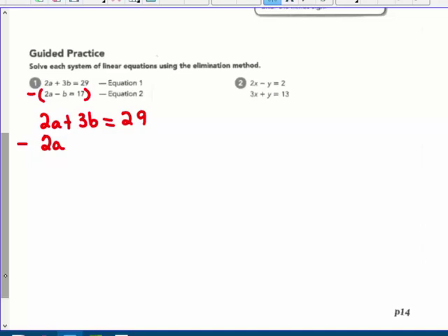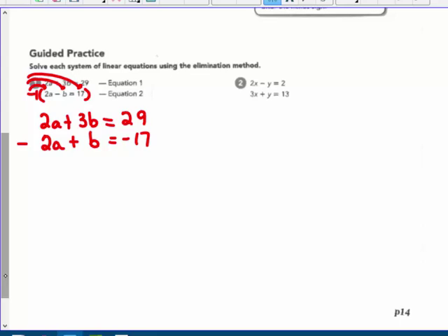So I've got to distribute this negative to everything in equation 2. So I get negative 2a, and negative times a negative gives me positive b, and negative 1 times 17 would give me negative 17. So everything in equation 2 became its opposite.